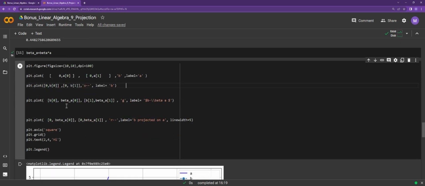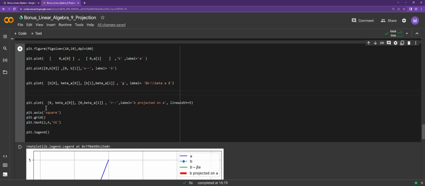And just bear in mind that for the origin, I'm using the origin of the other two lines because they're from the same origin. So beta A. You know how we are plotting vectors now. And I've just used the label. So beta. And here I'm projecting beta A. All right, so let's just run it.